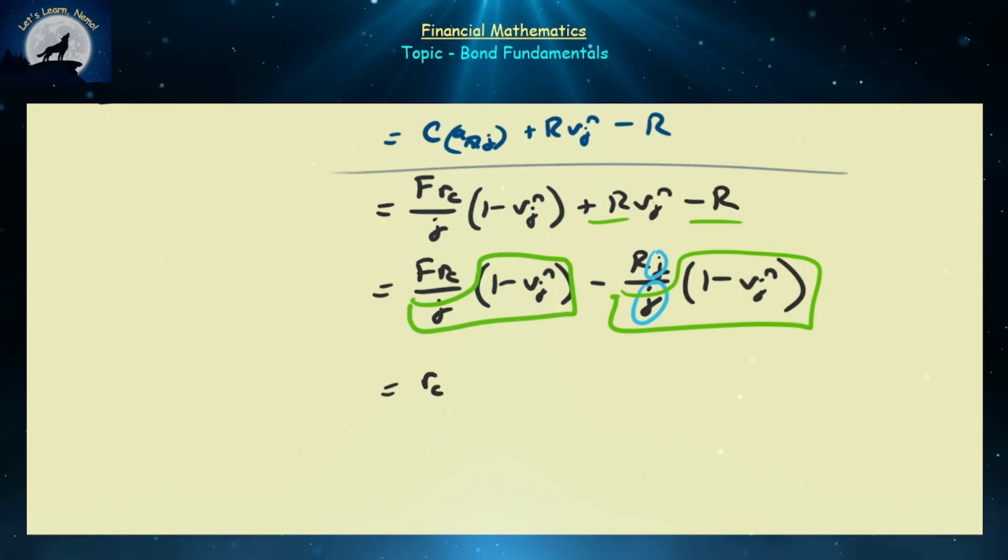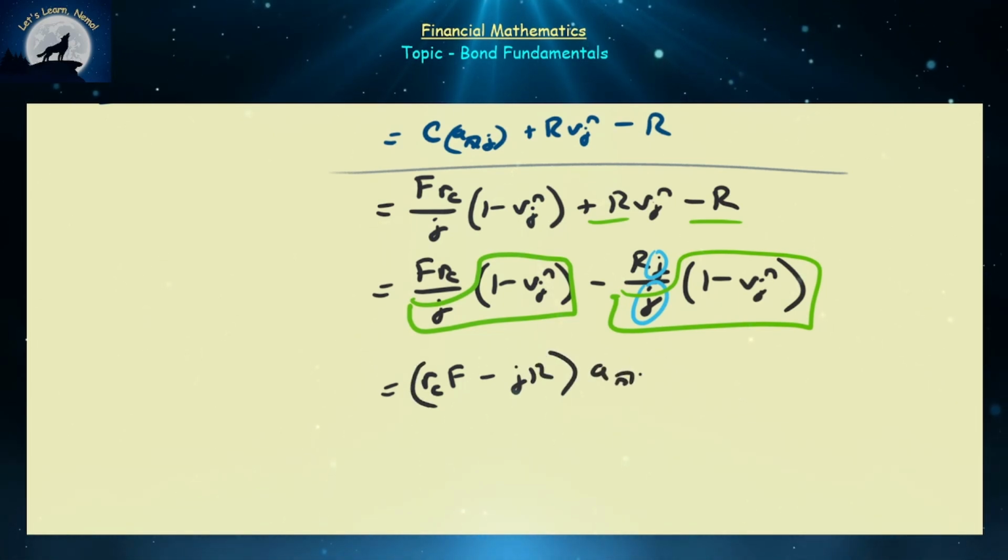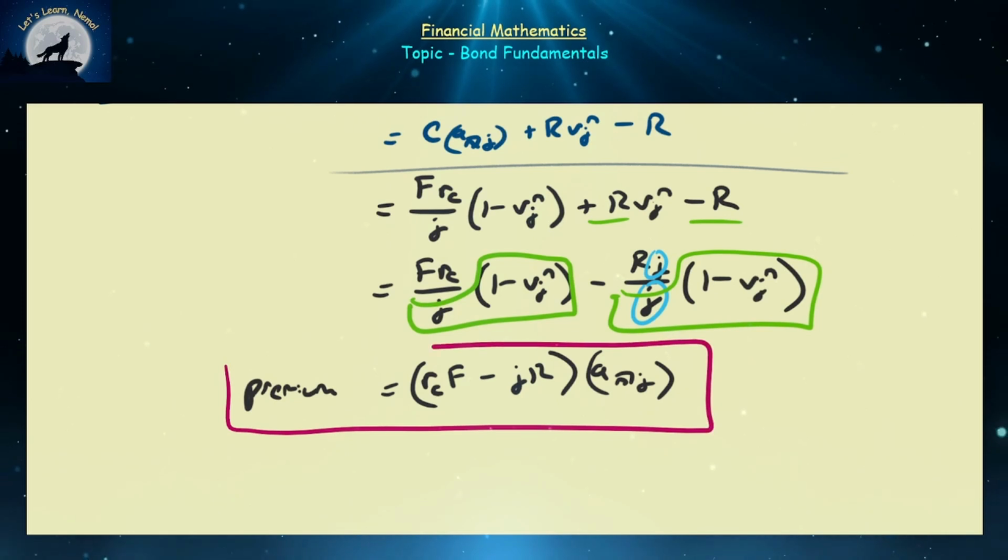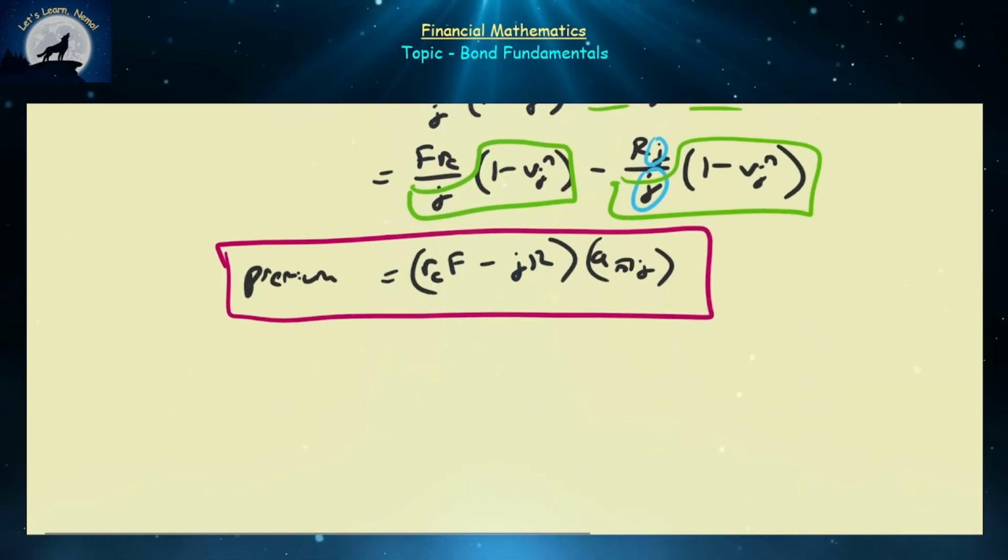I'm going to be left with RCF from the first term, and JR in the last term, and then ANJ in the common term between the two. So this is one formula that a lot of people use to calculate the premium, if it is a premium bond, of an associated maturity premium bond transaction.